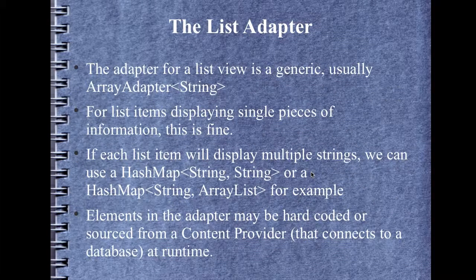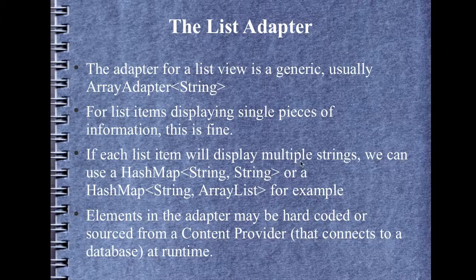Now this list adapter, as I said, is generic, and we use it to provide the information for each item in the list. And this is usually an array adapter of type string. If we only want to display single pieces of information, that's fine. However, if each item is going to display multiple strings, we can use a hash map of string and string, and then even a hash map of string and int, let's say.